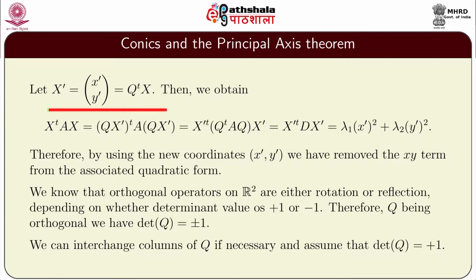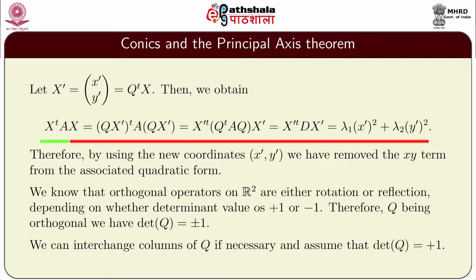Let us write X dash, the column matrix x dash y dash, which is Q transpose X. Then we obtain X transpose AX is equal to (Q X dash) transpose A Q X dash, and that is X dash transpose Q transpose A Q times X dash, and that is X dash transpose D X dash, D is that diagonal matrix, and therefore, if we multiply it out, then we get lambda 1 x dash square plus lambda 2 y dash square.